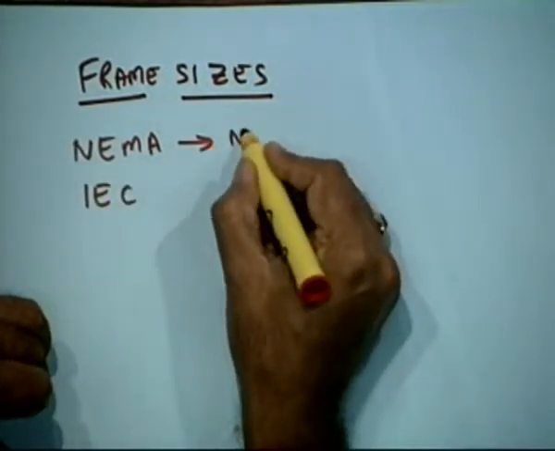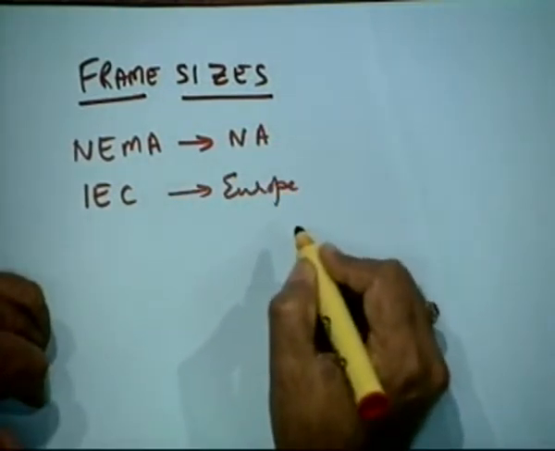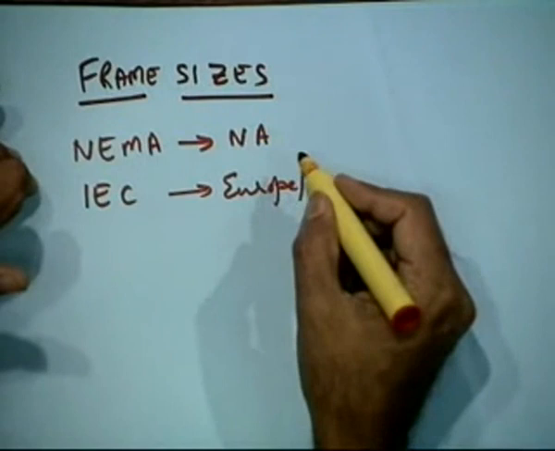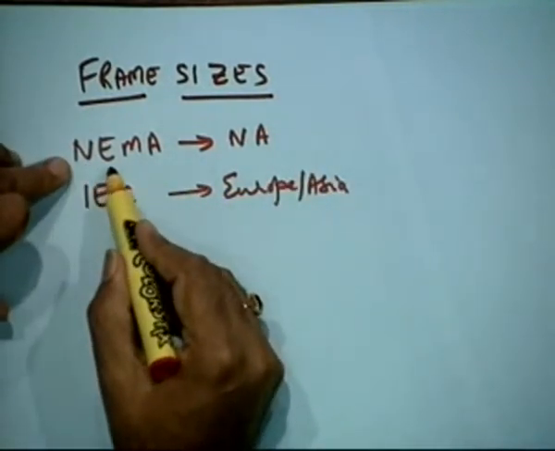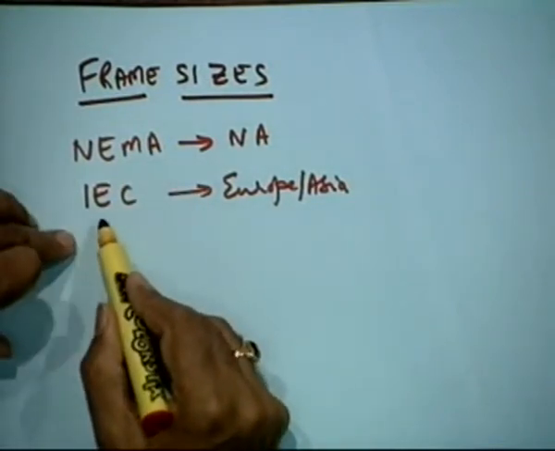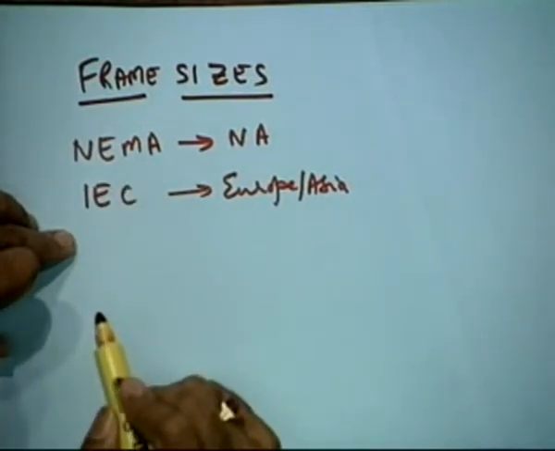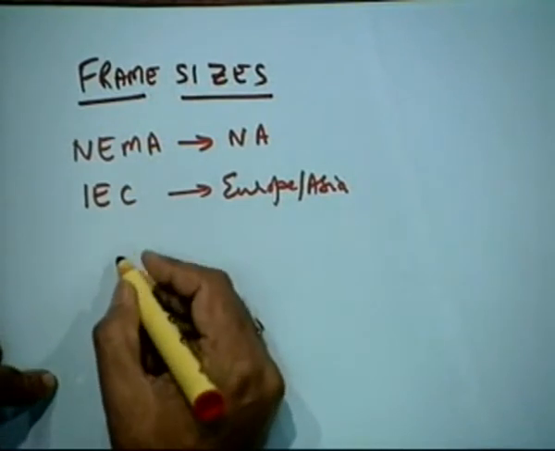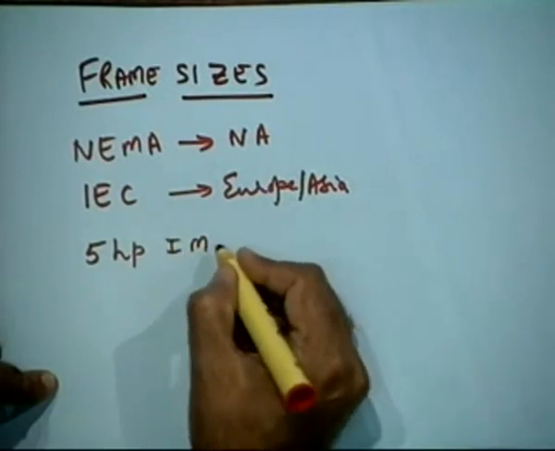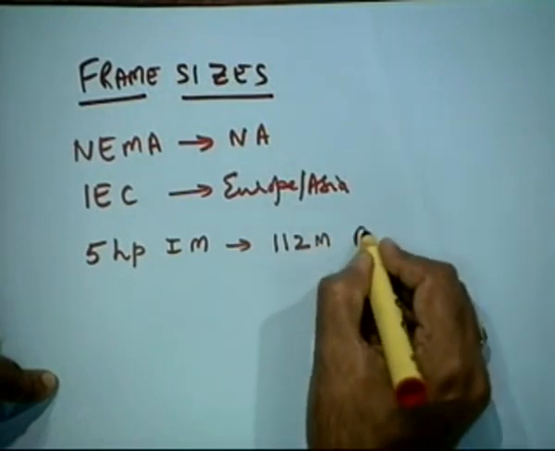NEMA is normally used in North America, and IEC is normally used in Europe and also in India and other countries in Asia. NEMA is the National Electrical Manufacturers Association. IEC is the International Electrotechnical Commission. This is located in Europe and this is in USA. Now these numbers, for example, a typical 5 HP motor is made of, I would say, 112 M frame.